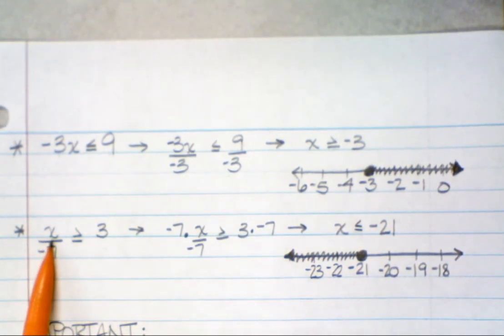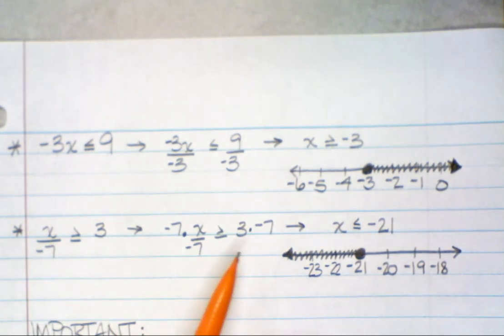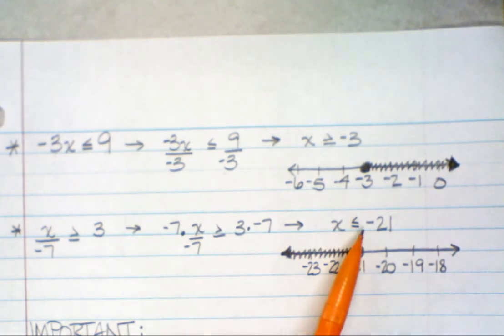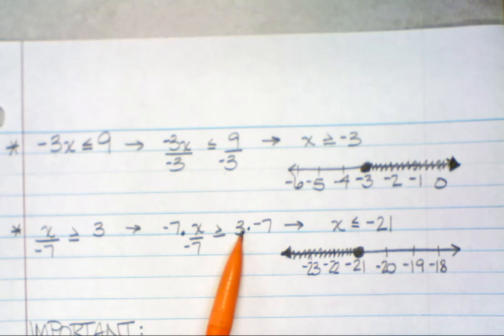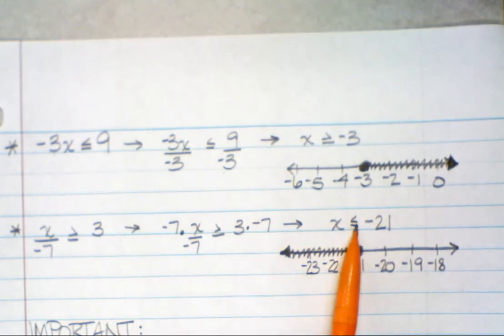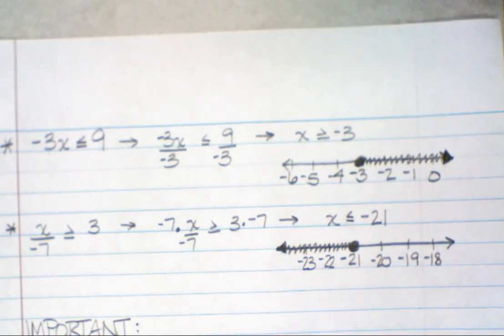Here's another one. This time I'm dividing by a negative 7, so I'm going to multiply both sides by negative 7. X is going to be greater than or equal to 21, but because this number that's positive 3 here changes to a negative when I multiply it by negative 7, I switch the inequality sign. So really the answer is x is less than or equal to negative 21. So that indicates there on that number line.